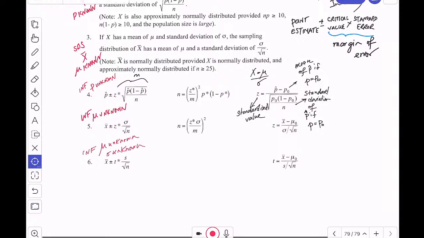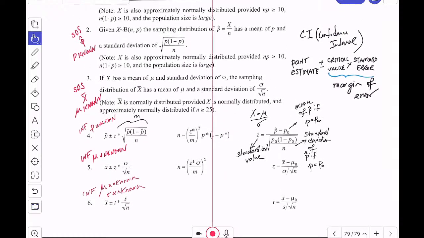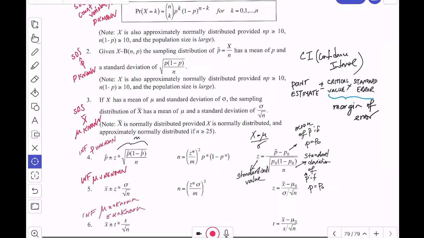So now I want you to tell me if you have any questions about these topics on the test. So on the test could be anything from 1, 2, 3, or 4.